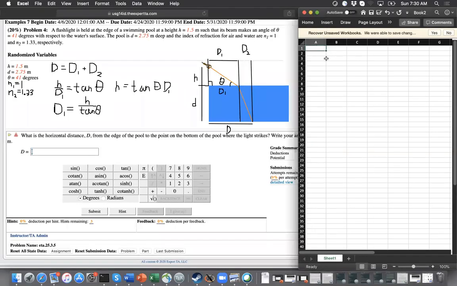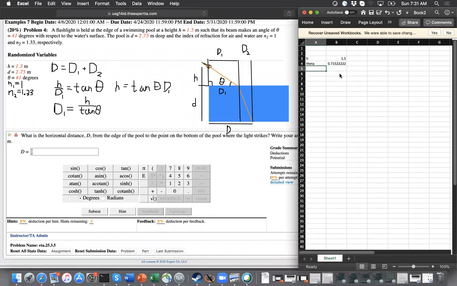So to see that, let's just do that. We can say h is 1.5. Theta is equal to 41 degrees times 3.14 divided by 180, because whenever you use a tangent function in Excel, it will do it in radians.